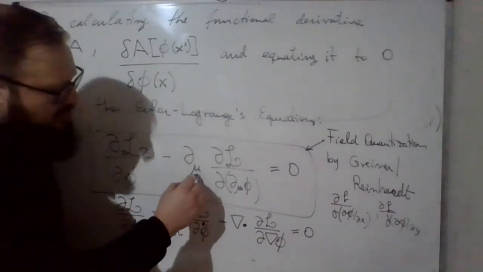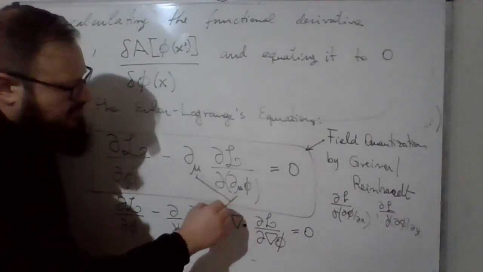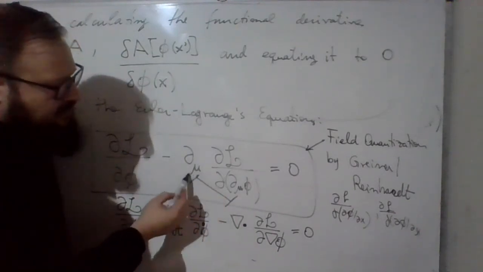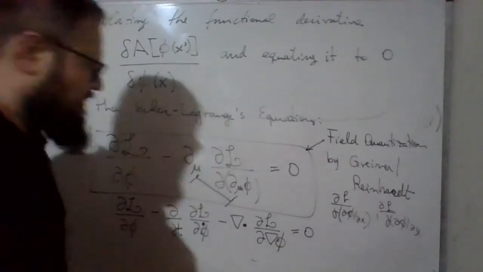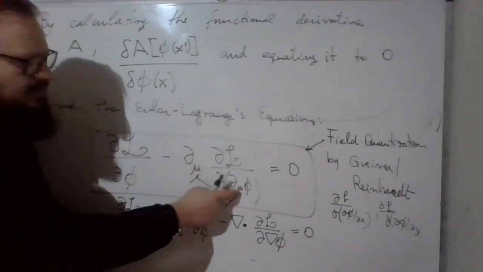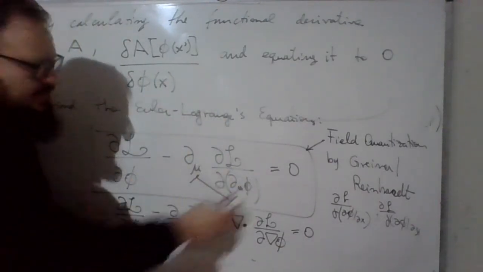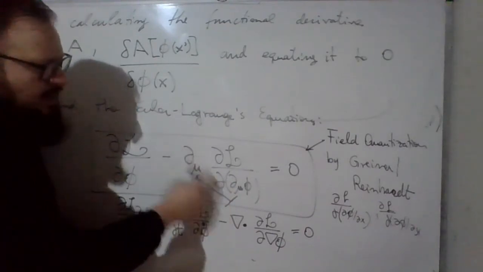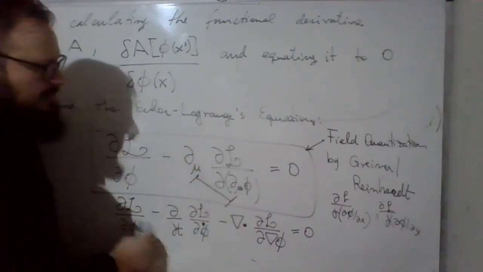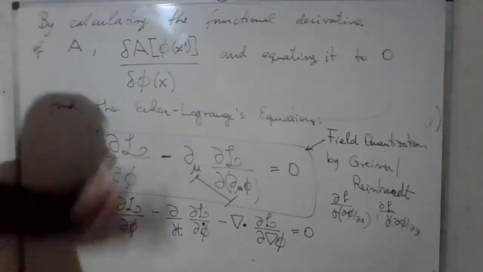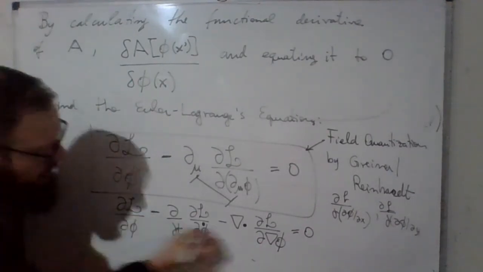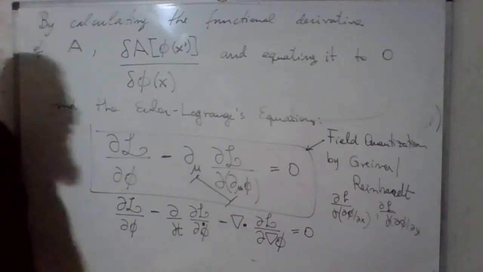Anytime you find out an index being repeated, this mu is repeated here and here, you need to zoom out. So this is d0 dL dd0 plus d1 dL dd1. Of course, in the end there are minus signs here, a minus sign. So minus, minus, and so on.